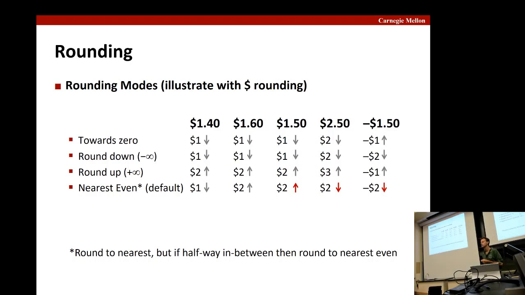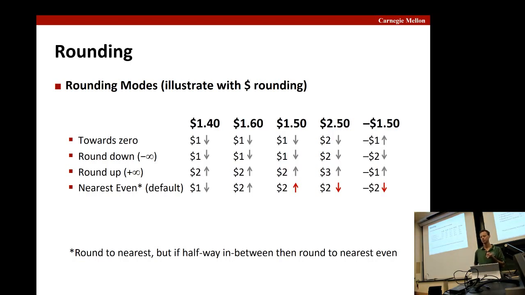So the policy of round to nearest even says that if you're halfway in between, then you want to round to the nearest even. It doesn't say always round to an even number. It says only in the case where you've got a tie you have to break, then you want to round to the nearest even. So $1.50, 50 cents is halfway in between.